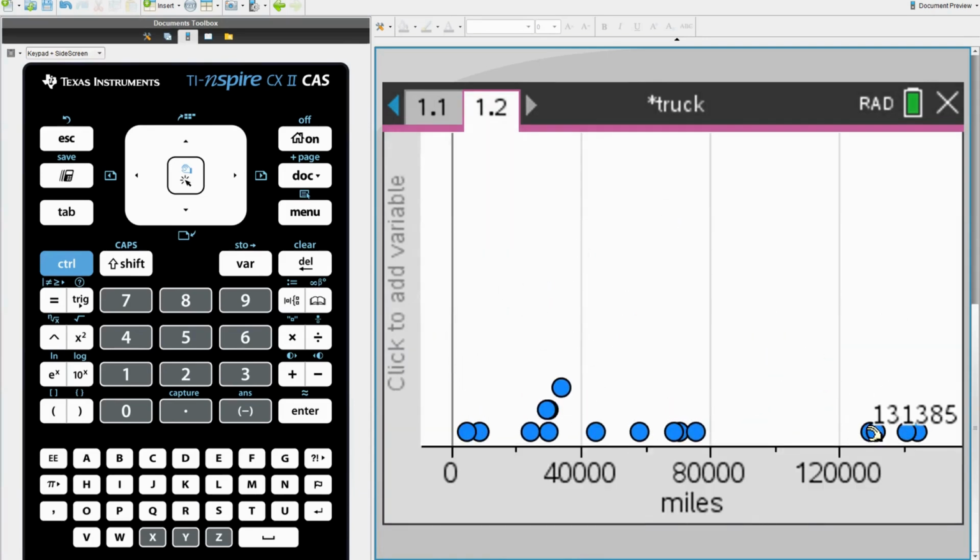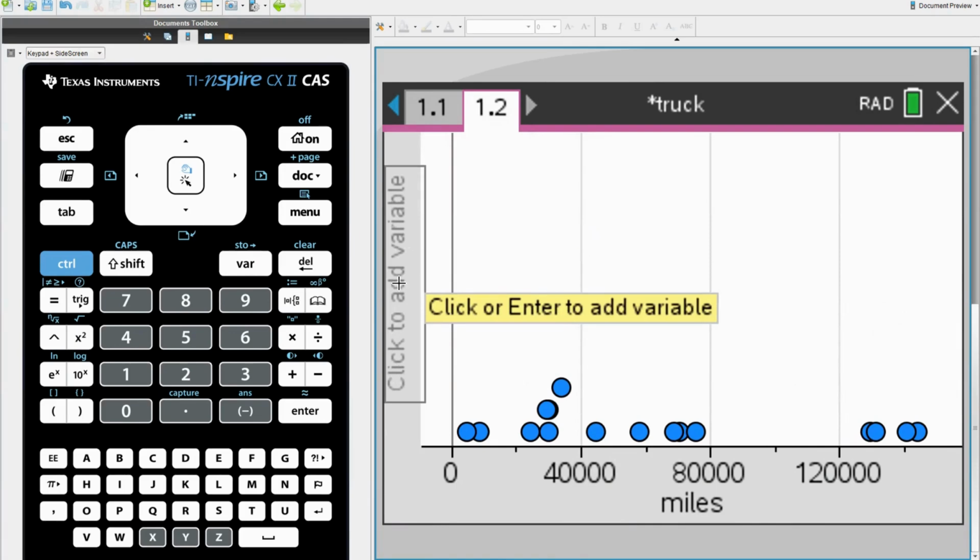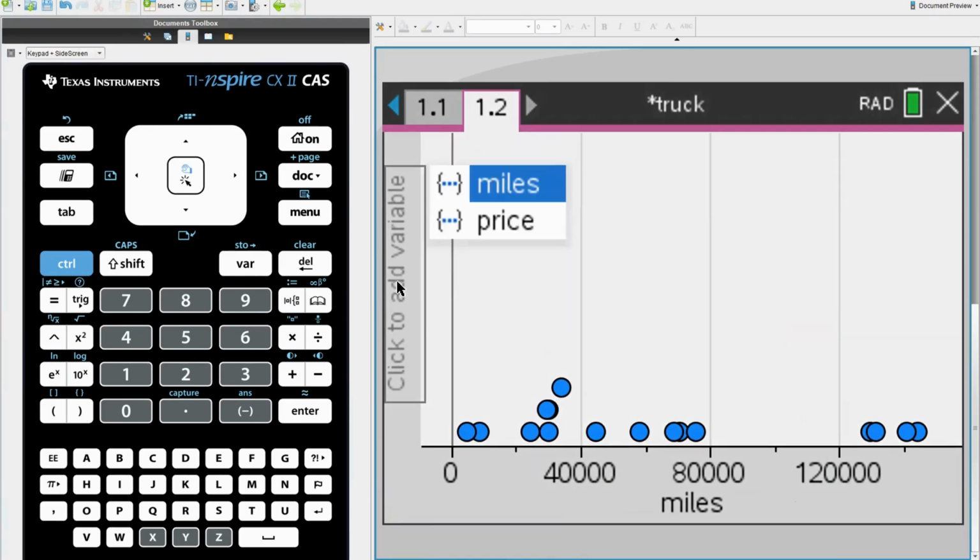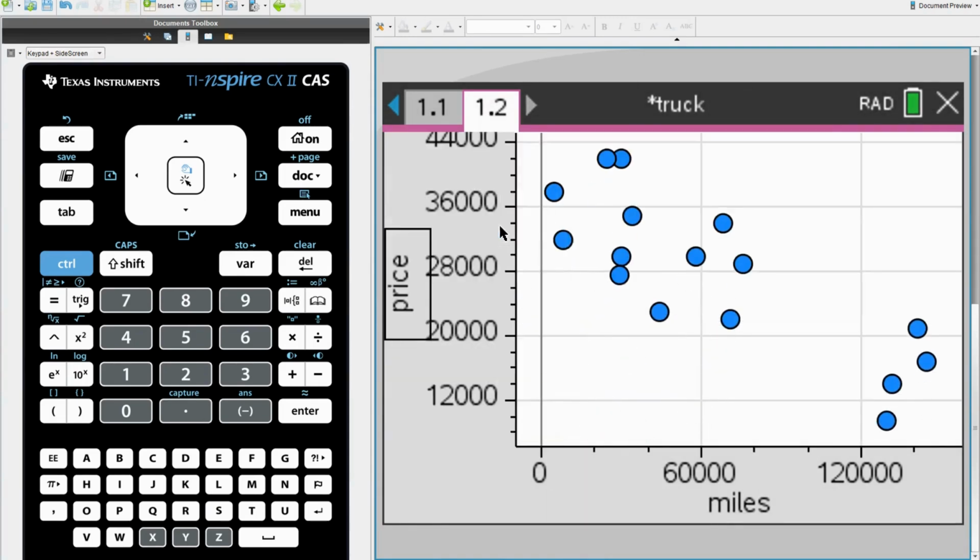And that gives us a dot plot of the different miles from our data set. Now, if we take our cursor and go over to the far left-hand side, click in the middle of our touchpad, and then choose price, it creates the scatter plot for our data.